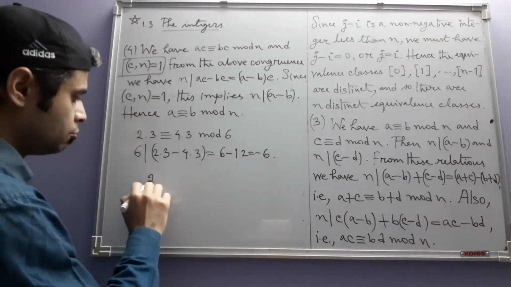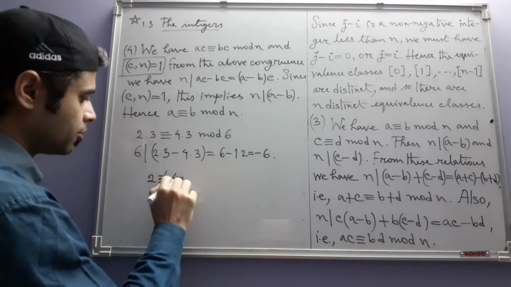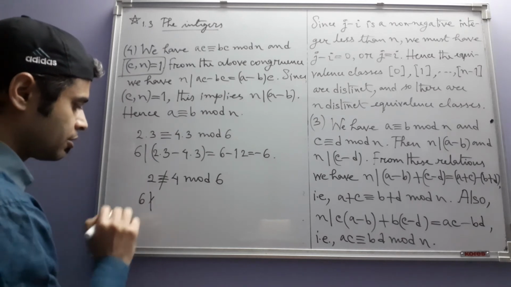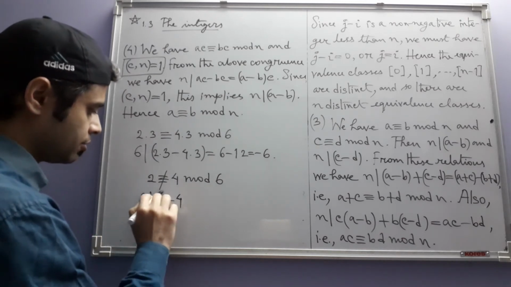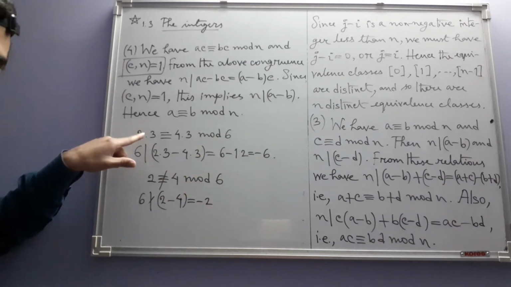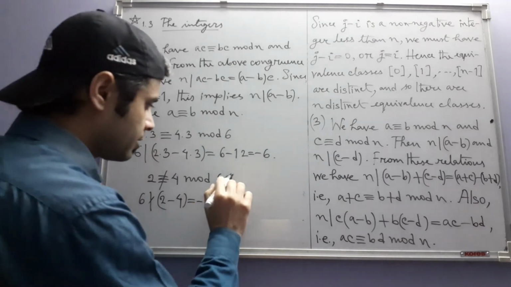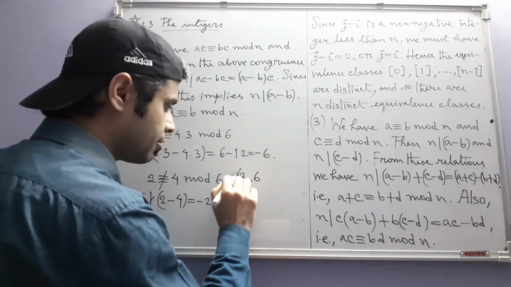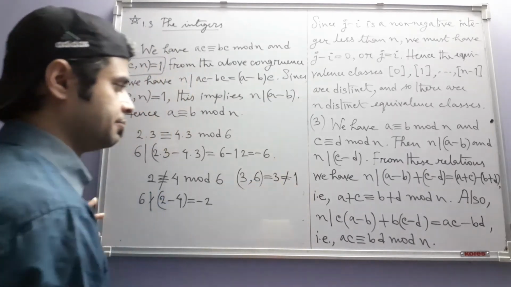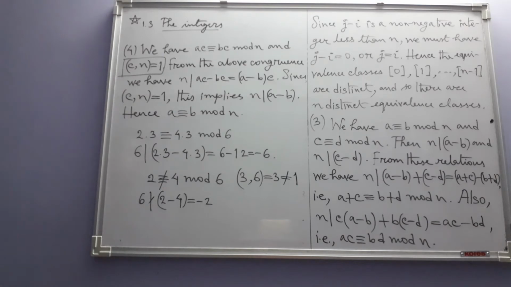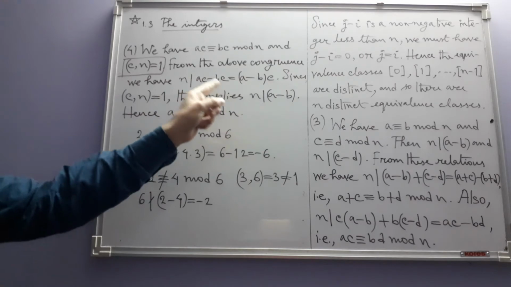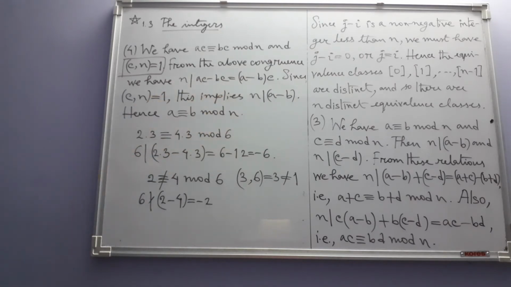However, 2 is not congruent to 4 mod 6, because 6 does not divide 2 minus 4. So we cannot cancel 3 from both sides of this congruence. And the reason is that 3 and 6 are not relatively prime. The greatest common divisor is 3, not 1. Okay, so this condition should not be taken lightly. It's somewhat like the one we have for an ordinary equation where C is non-zero.